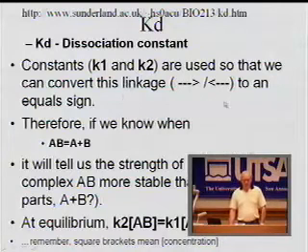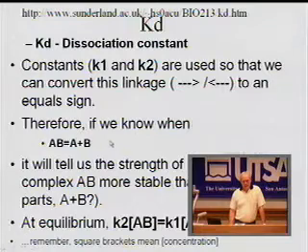The K1 toward the formation of the substrate and enzyme, to the enzyme plus the product, or the drug and the receptor, free, unbound, toward the bound form, and the K2 was in the opposite direction.